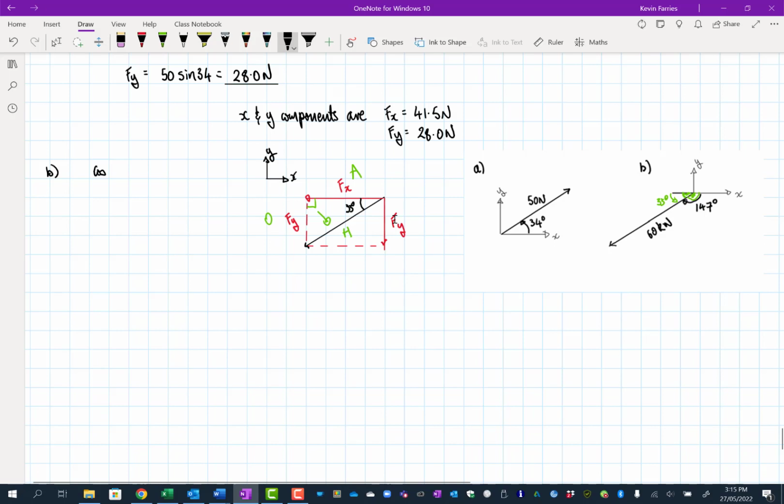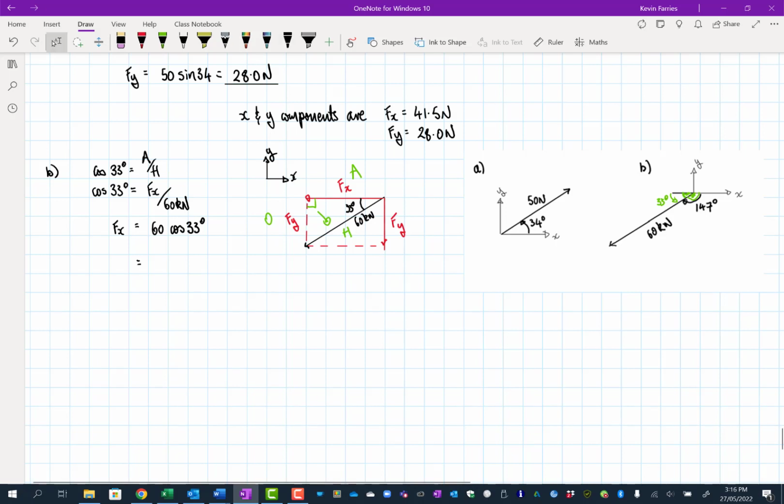Cos of 33 degrees is equal to adjacent over hypotenuse. So cos of 33 degrees is equal to f of x divided by, I haven't written that on, 60 kilonewtons. Therefore, f x is equal to 60 cos 33 degrees.